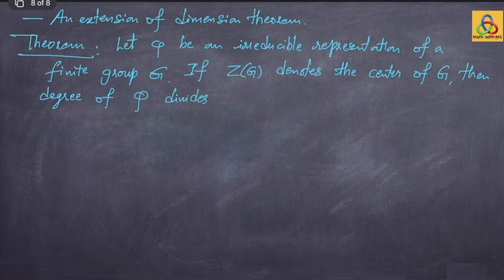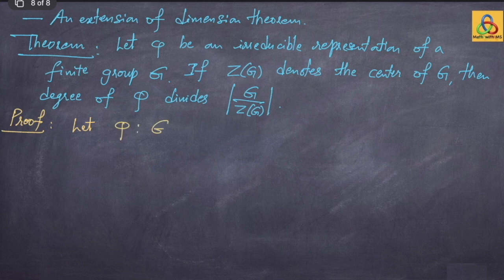That is, the degree of the representation divides the index of the center in the group G. So let us prove it. So let phi from G to GL(V) be the given irreducible representation.